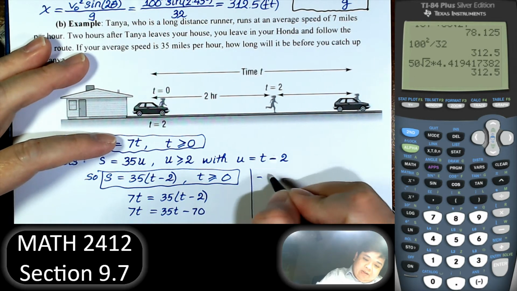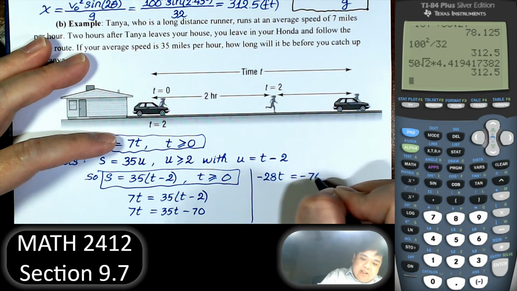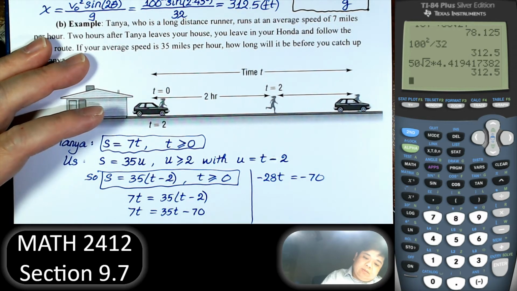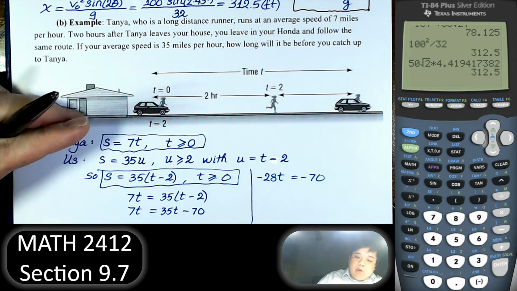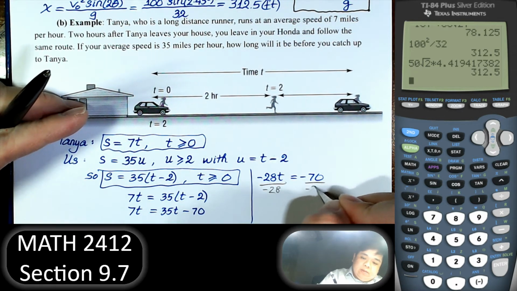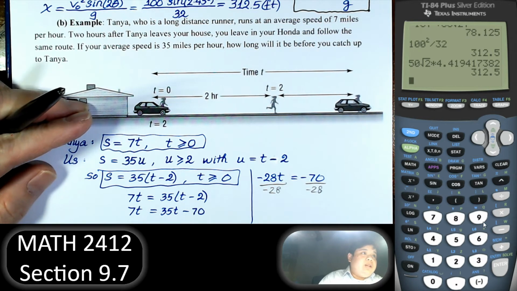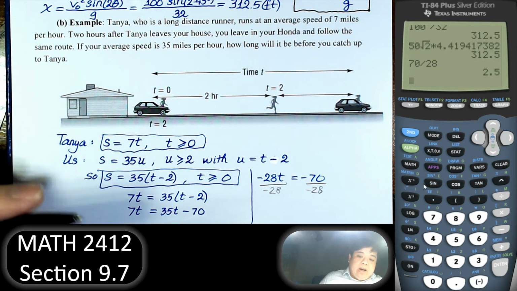So we have negative 28t equal to negative 70. Right? Subtract 35t on both sides and then divide by negative 28. So 70 divided by 28 is 2.5.